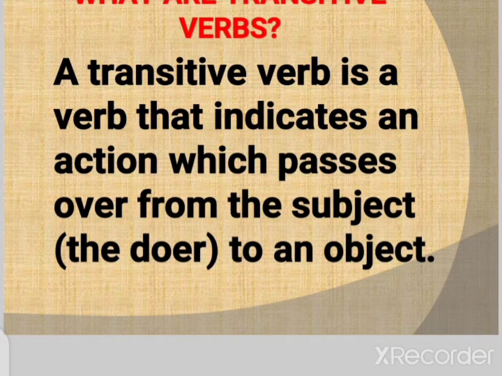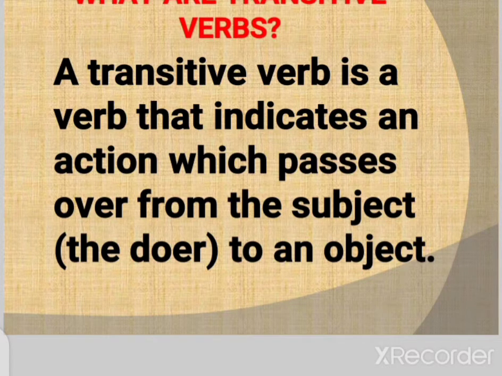What are transitive verbs? A transitive verb is a verb that indicates an action which passes over from the subject, that is the doer, to an object. So the subject is the doer of an action.